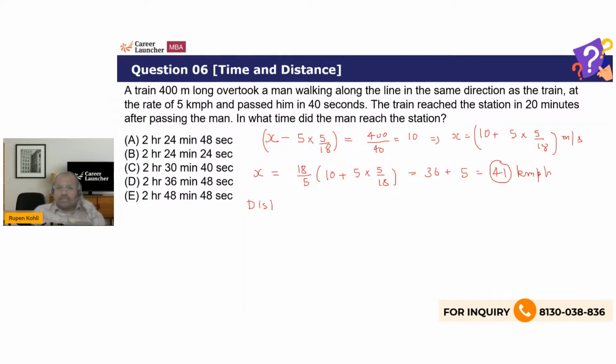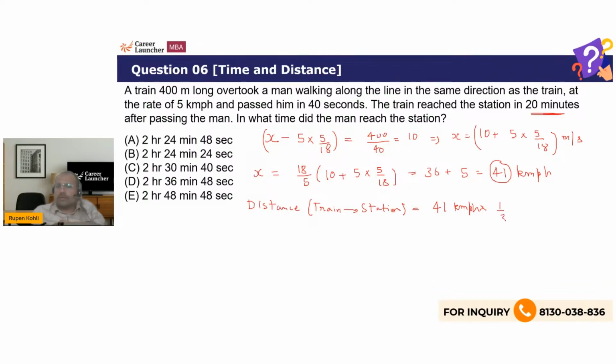So this distance is the distance between the train and the station after it has crossed the man, which is simply the speed of the train into the time it takes, 41 kilometers per hour. Let me write the units everywhere, because there are so many different units. And then I will want to convert this into hours. 20 minutes will be 20 by 60, or 1/3 of an hour.